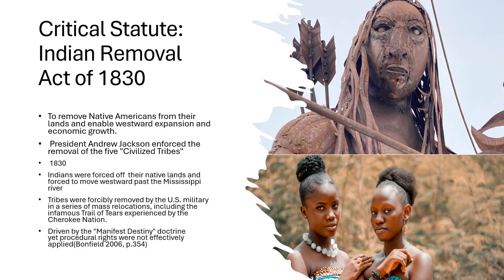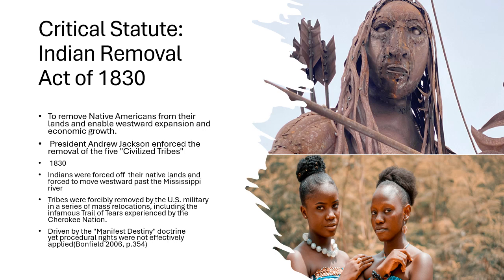A critical statute is the Indian Removal Act of 1830. This was enacted to ensure that the Native Americans were gone from their land, in order to satisfy the westward expansion of the newly formed United States of America and its economic growth.